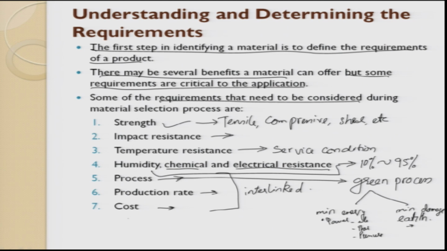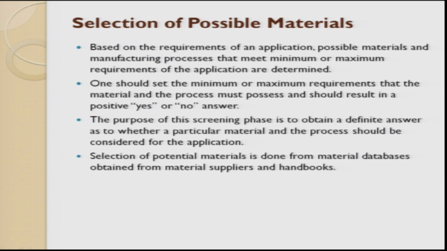These are some of the requirements in the selection process to decide a material. Selection of possible materials, as I told you, a wood example, a polymer example, a steel example for a chair. We will keep that example and walk through this slide. Based on the requirements of the application, possible materials and manufacturing processes that meet minimum or maximum requirements for the application are determined.